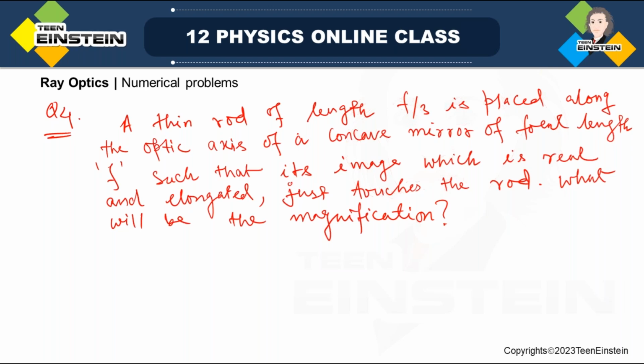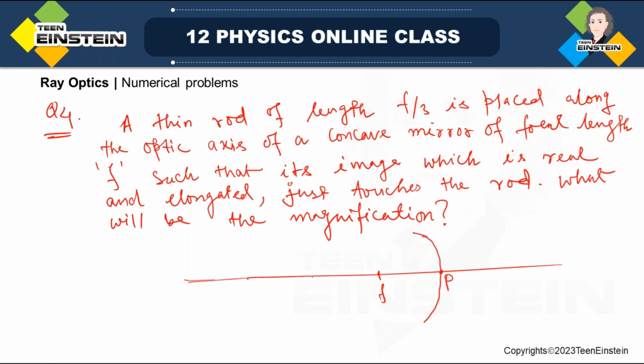So this is the question. A thin rod of length f by 3 is placed along the optic axis. If I draw the figure, this is the concave mirror, right? So this is the pole. All the distances will be measured from here, as you know. So let us say this is the focal length.